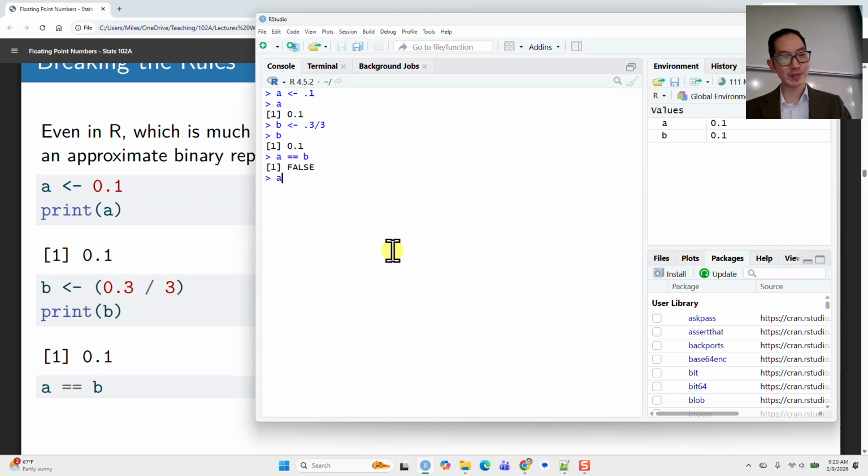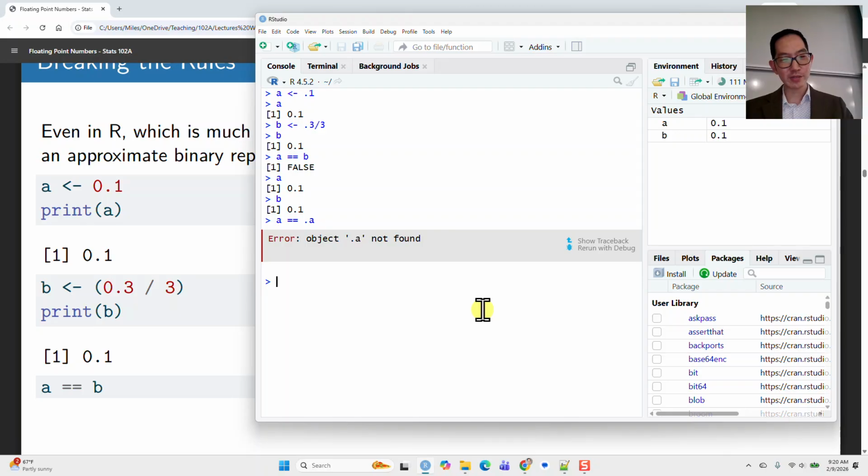And you're like, wait, what? A is 0.1. B is 0.1. Is A equal to 0.1? Yeah, that's true. Is B equal to 0.1? It's not.